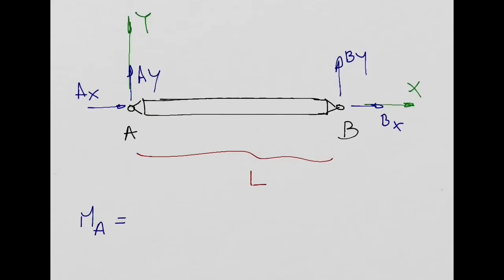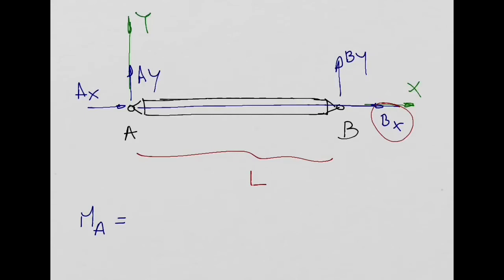So I need to focus only on these two reactions at point B. They will produce moment about point A. Not all of them. For example, if you look at Bx, if you extend this force Bx, you can see that this force will pass through point A. So it means my distance in the perpendicular direction is going to be 0.